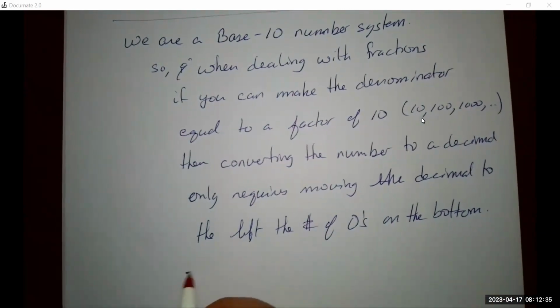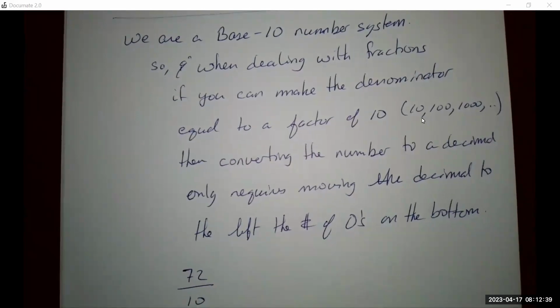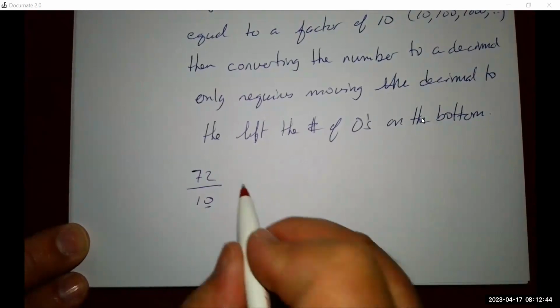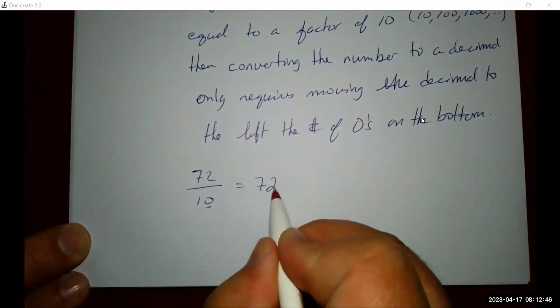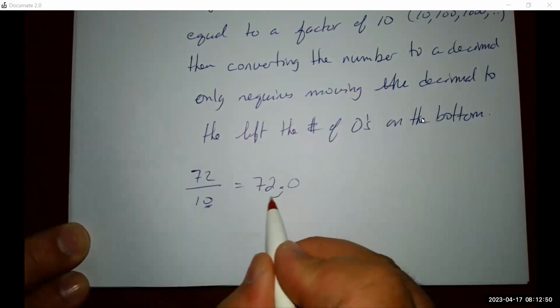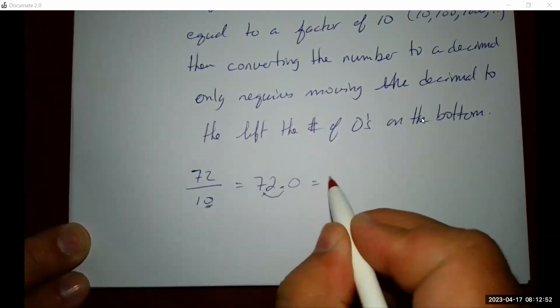Remember we said if I had 72 over 10, so I have 1 zero, the number on top is 72.0. Since only 1 zero, I move it only one space to the left.